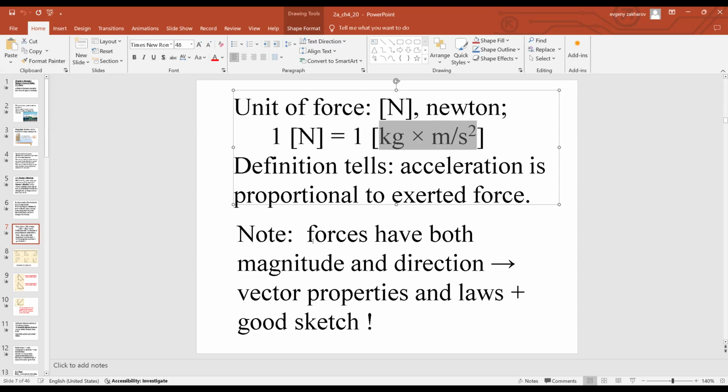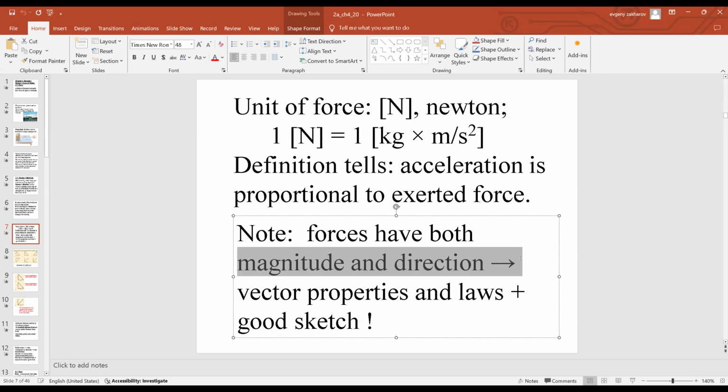So forces are vectors. That means magnitude and direction. That means you have to add or subtract forces as vectors. So it's either geometrical approach with triangular or parallelogram methods, or you do things by components like we did in chapter 3.